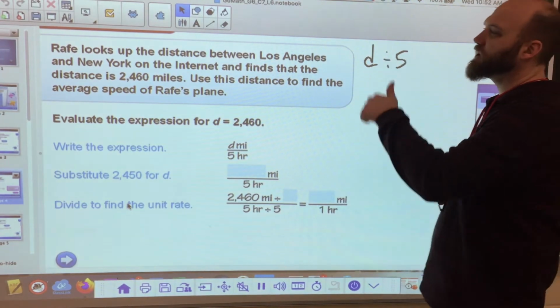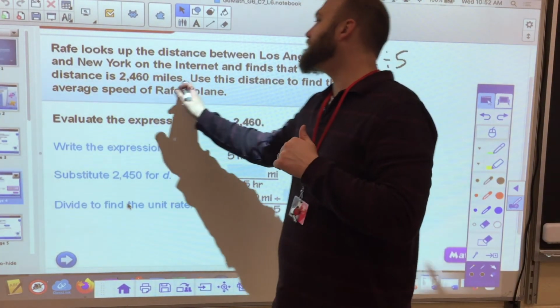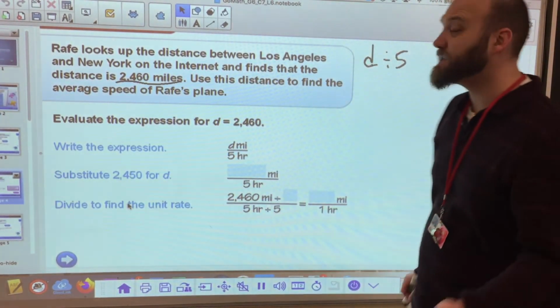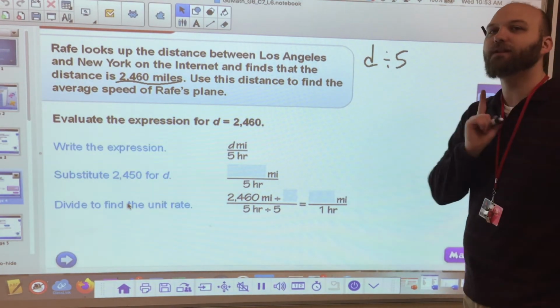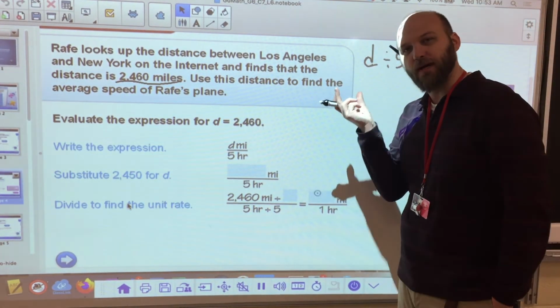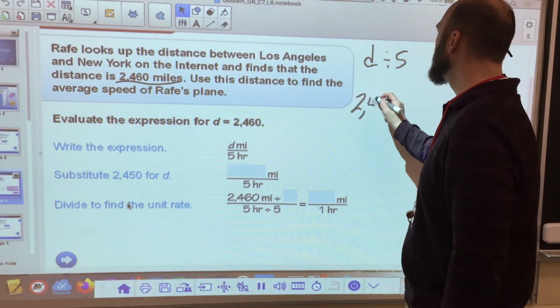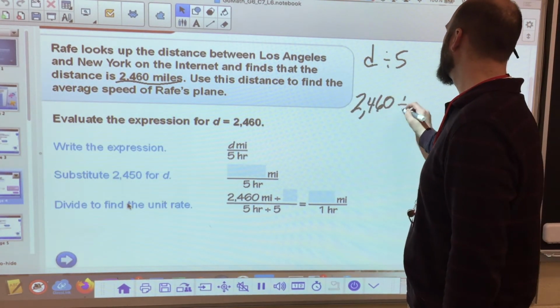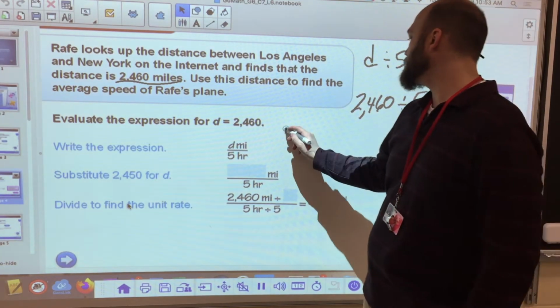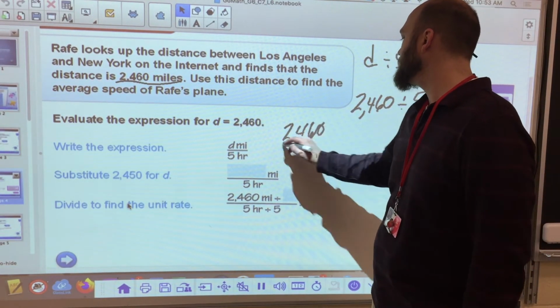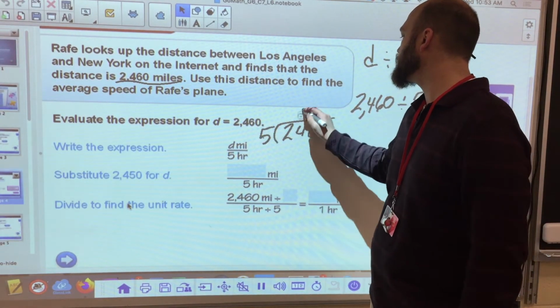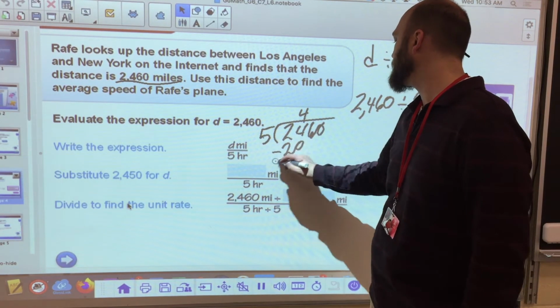If I move to the next part of the problem, the distance between Los Angeles and New York, we found out to be 2,460 miles. Now that I know what d is, I can solve this. d becomes 2,460 divided by 5. 5 goes into 24 4 times, that's 20.